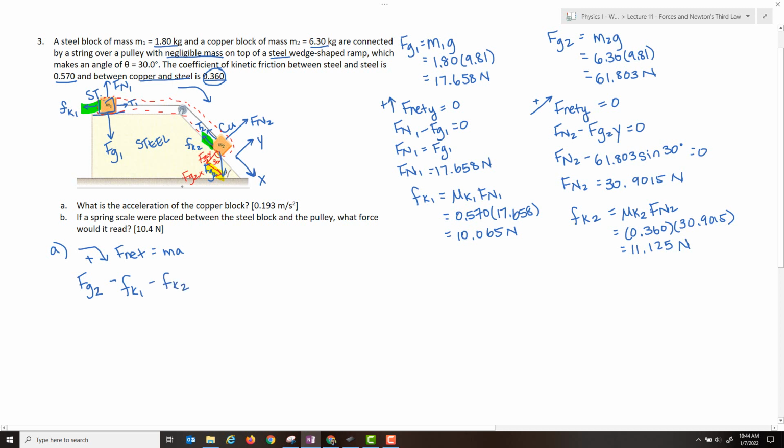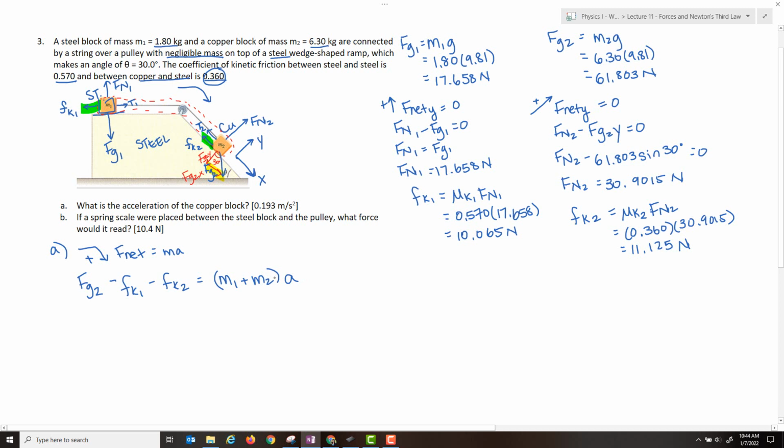Again, we could say plus T1 minus T2 if we wanted, but T1 and T2 are inside the system. They're equal in magnitude. They would have canceled each other out, so we can disregard. Equals mass. Now this mass is the mass of the whole system, because that's what my free body diagram is. So it's M1 plus M2 times A.